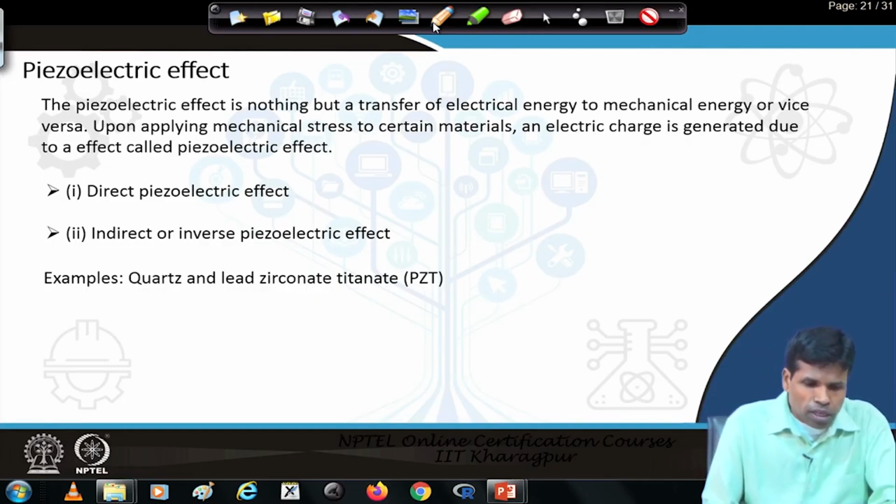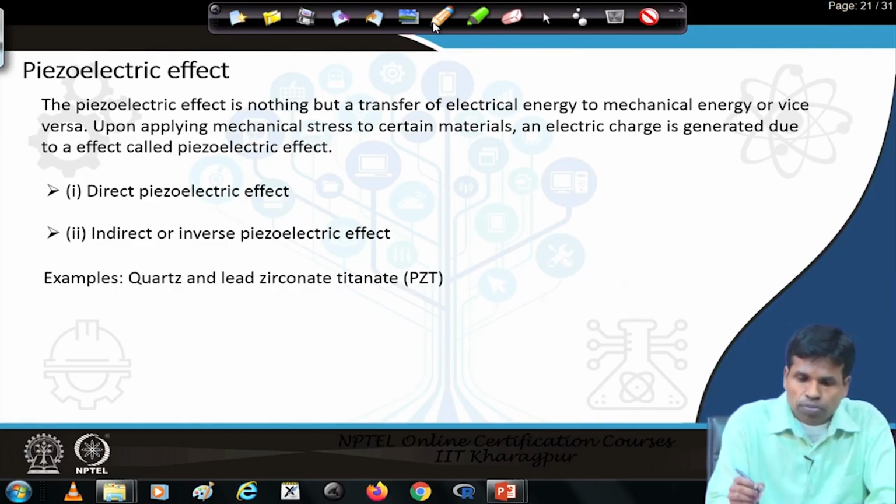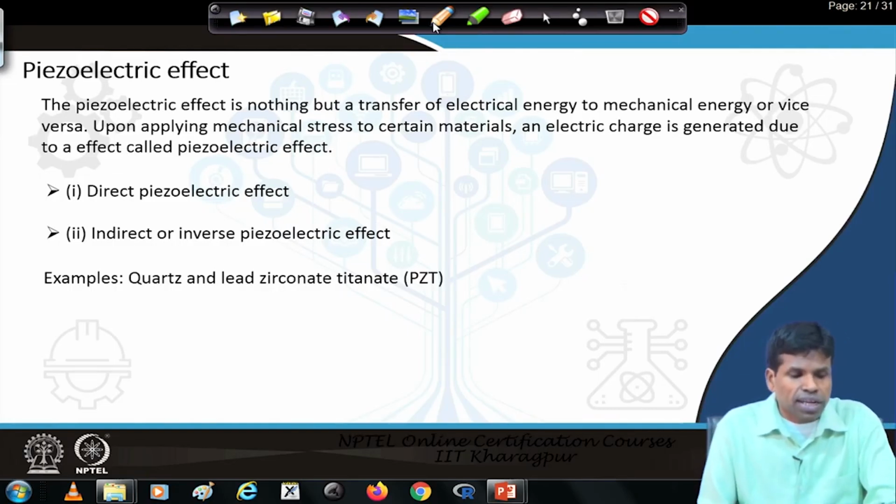We have two types of piezoelectric effect. That means the piezoelectric effect can be classified into two types, direct or indirect. The direct piezoelectric effect is when we apply a force or strain to the material and an electric charge is developed.